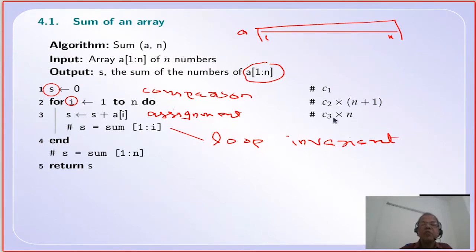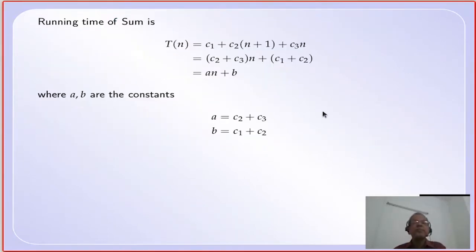C1 plus C2 times N plus 1 plus C3 times N, as shown here. Gather the coefficients of N and the constants. This will be C2 plus C3 times N plus C1 plus C2. Replace C2 plus C3 by another constant A and C1 plus C2 by another constant B. Therefore, the running time of algorithm sum is AN plus B.